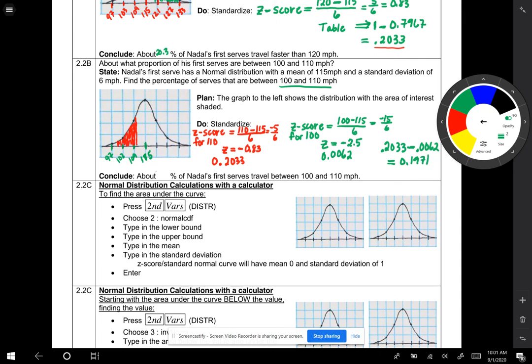So about 19.7% of Nadal's first serves travel between 100 and 110 miles per hour. Well, tomorrow you will know that you can do this kind of stuff with a graphing calculator to make it easy. I like the visual stuff when you're first learning it because it really makes you see it. So these are the notes for today. Have a great day, stat students.